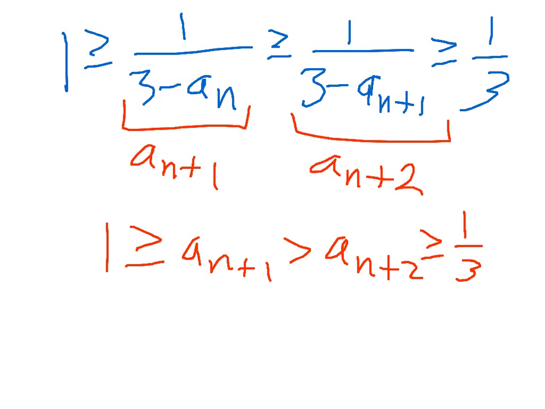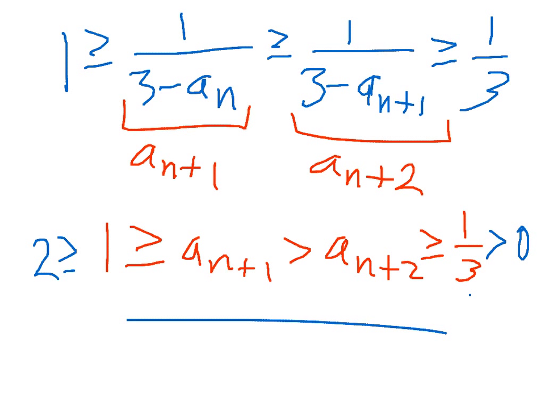An important thing here is this side is bigger than 0, and this is less than or equal to 2. So if we know it is true at some point that a sub n is bigger than a sub n plus 1, then this step, what they call the inductive step, lets us conclude here.